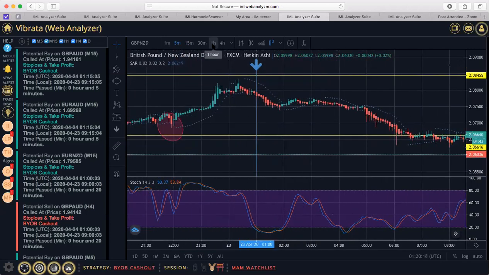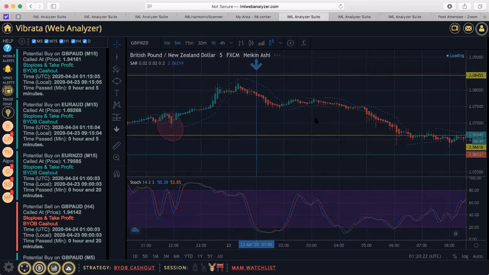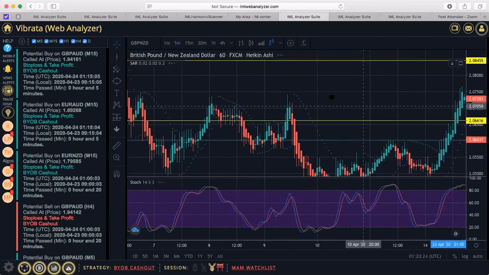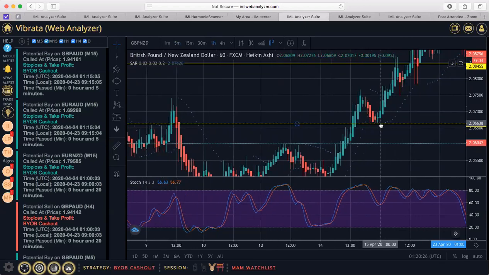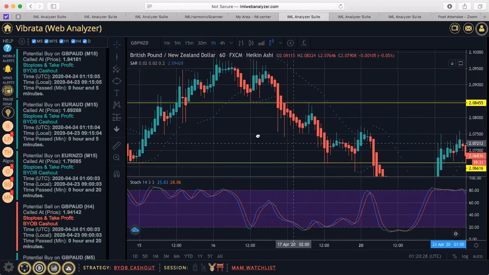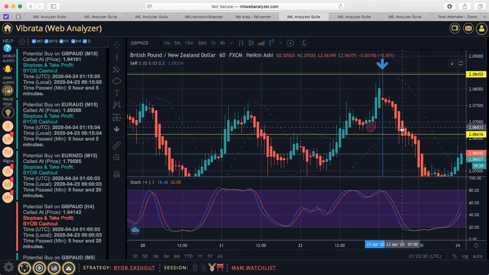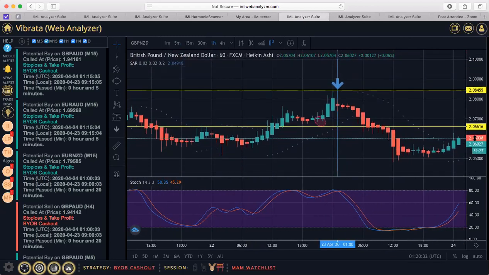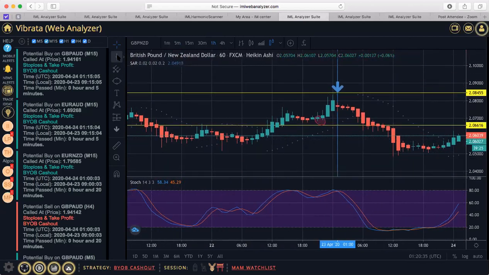Now, when I go, mobile is using these PSARs. Then when I go to the hour, I want you guys to look at something because I always tell you that I want it to look like something you'd put on a watch list.